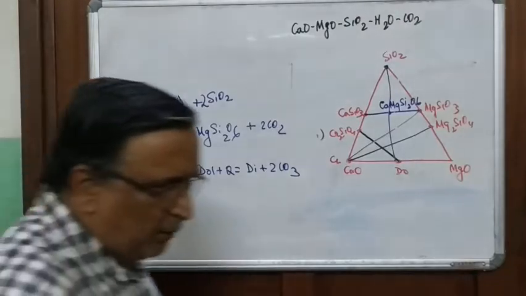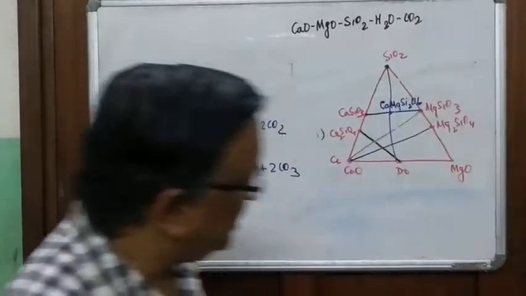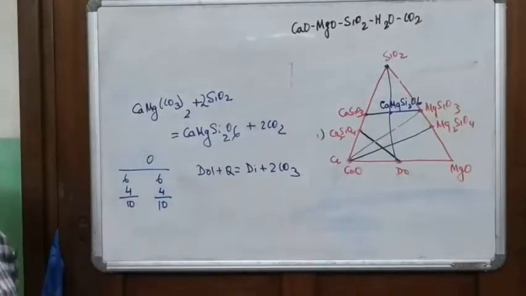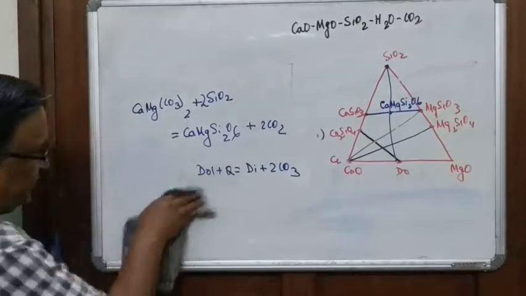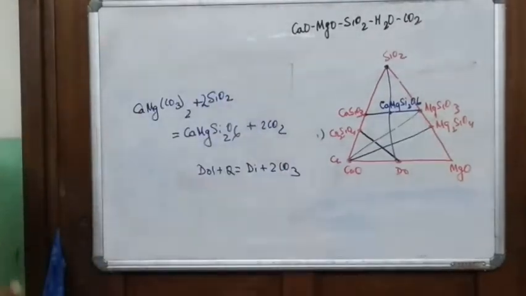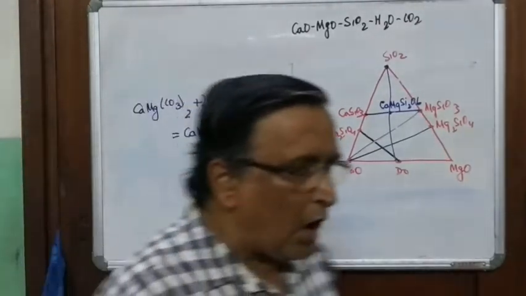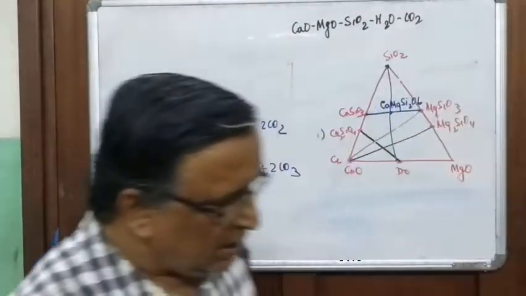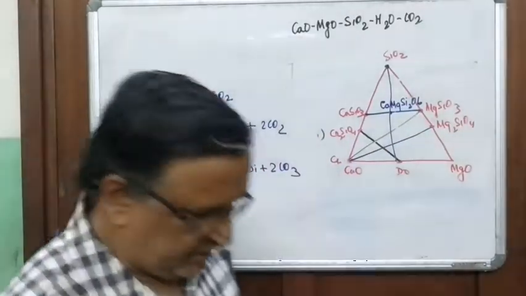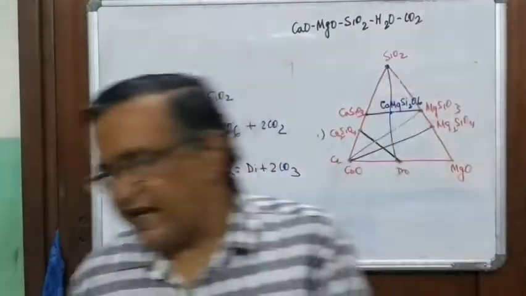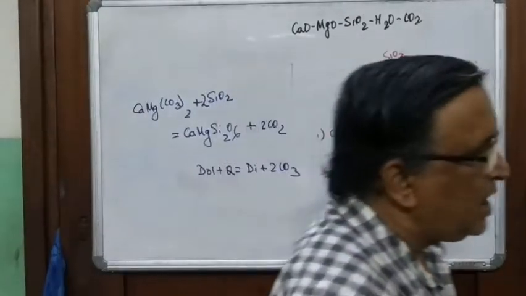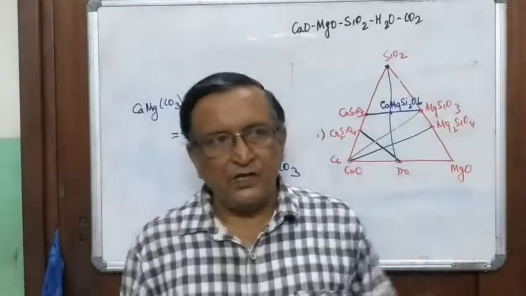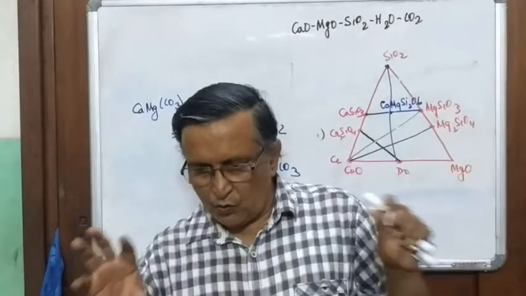Now just before we go into the other thing, here is an important simple reaction, and I will tell you a little bit about it. This is a very simple reaction. Let's say you start with a rock containing dolomite and quartz. Now, when you say dolomite and quartz, dolomite is a mineral, quartz is a mineral.